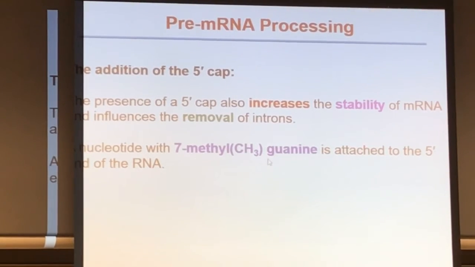This 5' cap and 3' poly A tail are seen in eukaryotes, not in prokaryotes. Is that clear, guys? The poly A tail is seen in eukaryotes like us, not in bacteria, not in virus.